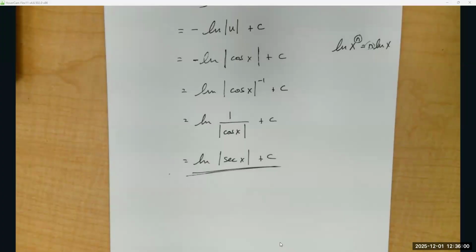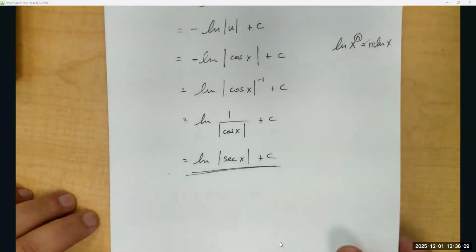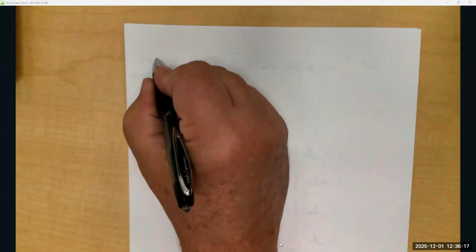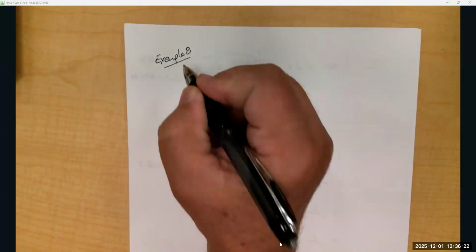I know all these rules from algebra and trig, and you thought it was gonna be easy. Maybe it was gonna be easier once we got through up here. That is not a theorem or a law.